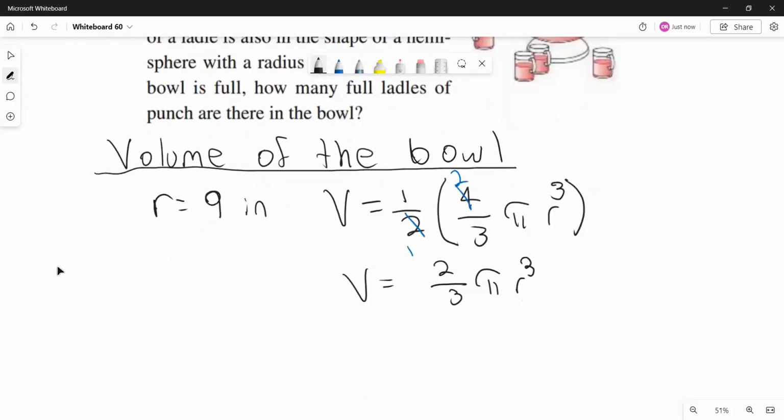Okay, so the volume of the ball is going to be 2/3 times pi times 9 cubed. Let's verify this.